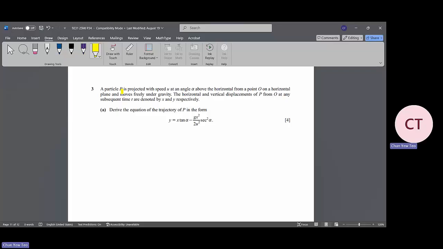Question number 3, we have a particle P projected with a speed u at an angle alpha above the horizontal from a point O on the horizontal plane and moving freely under gravity. The horizontal and the vertical displacement of P from O at any subsequent time t are denoted by x and y respectively. We want to derive the equation of the trajectory.